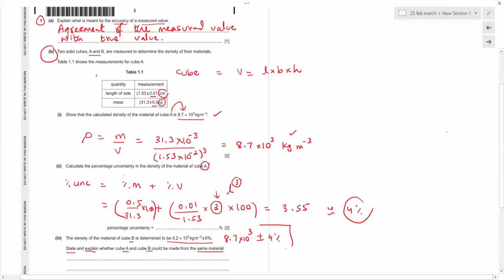That's the density of material A, and then there is the density of material B, 9.2 × 10^3. So we have densities of both materials, and they are quite close to each other. If you round off to the nearest whole number, they are both 9 × 10^3, right?